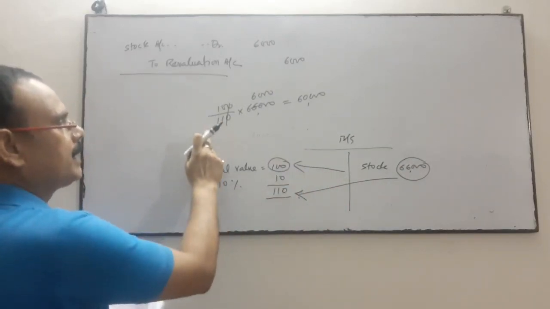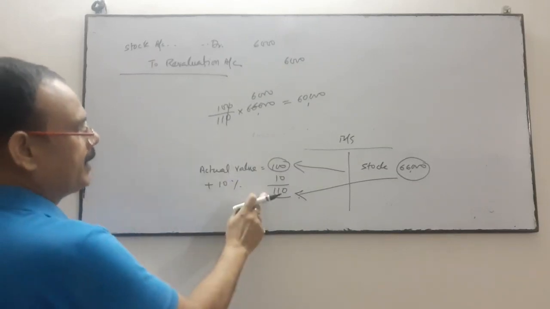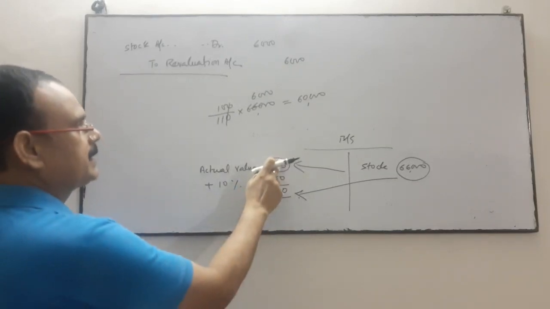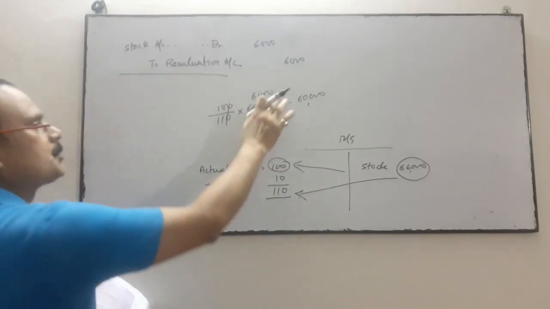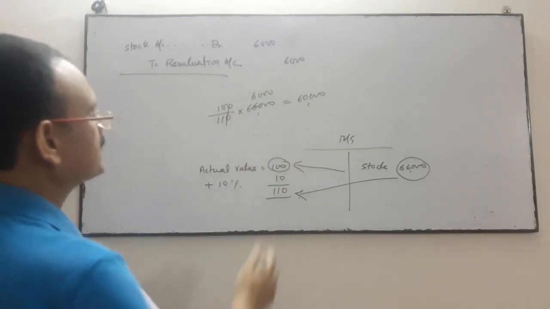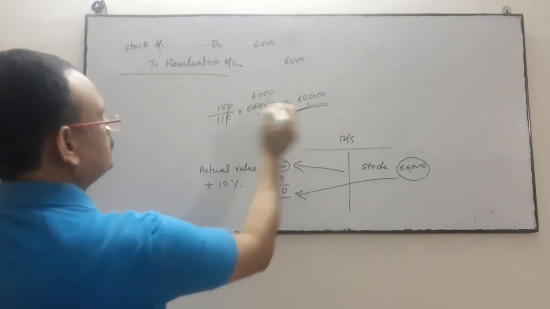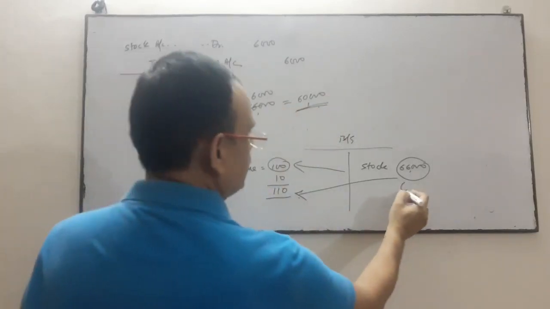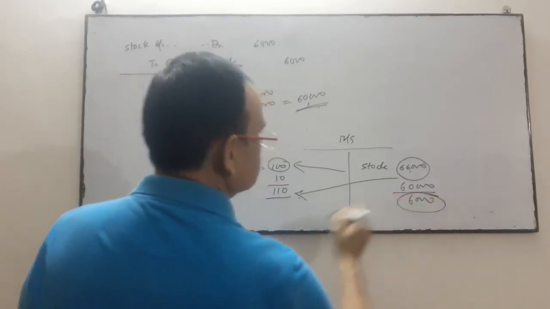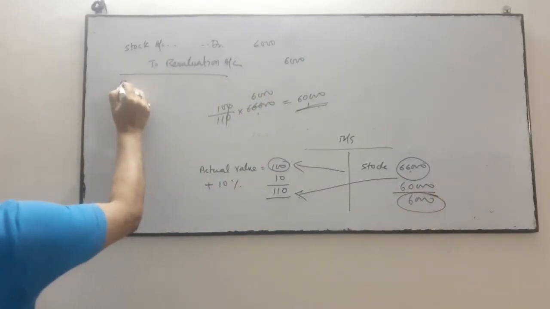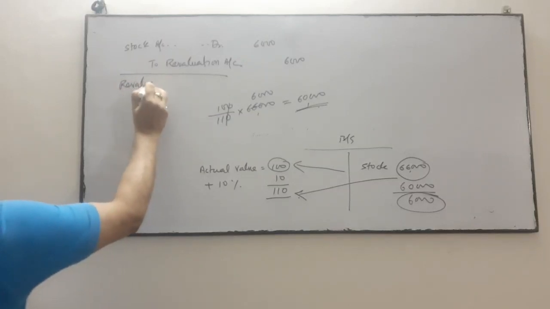When the book value is this, the actual value is this. Then if 66 is the book value, how much will be the actual value? So 60,000 is the actual value. So it is decreased by how much amount? 6,000.